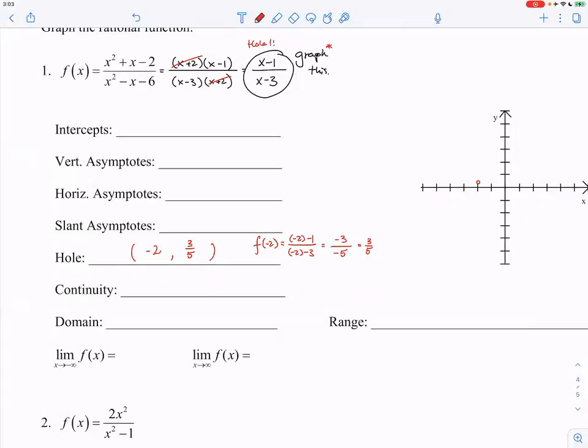Any question at this point about how we get the hole? So again, we saw the cancellation that's screaming at you that there's a hole. We know the x-coordinate for the hole because x cannot be, in this case, -2. There's a solid reason back there.